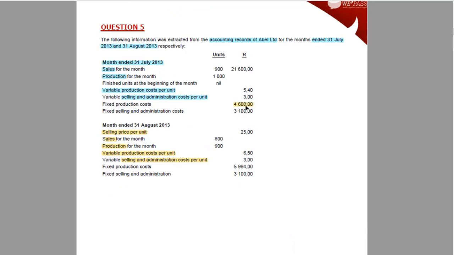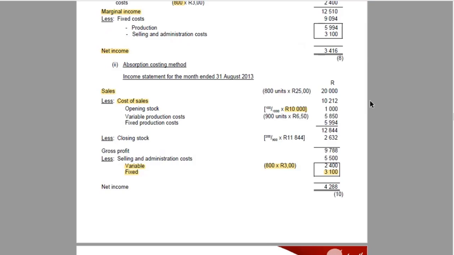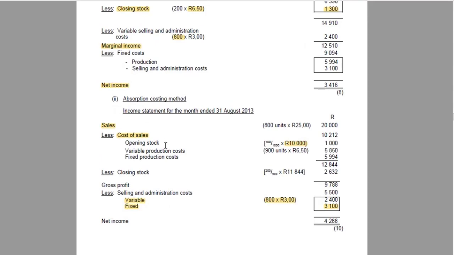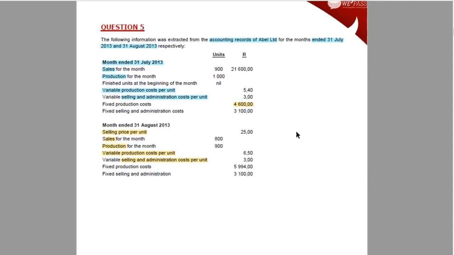So it's the 4.6 plus the other amount, which would mean that it's the variable production cost of your previous month. So this 10,000 is that variable production cost from last month and also the fixed portion of last month.